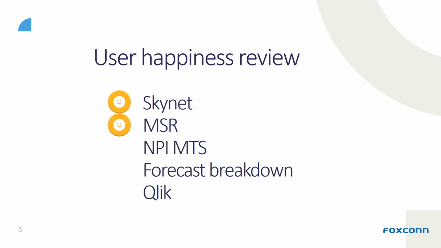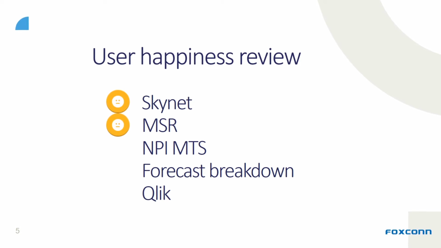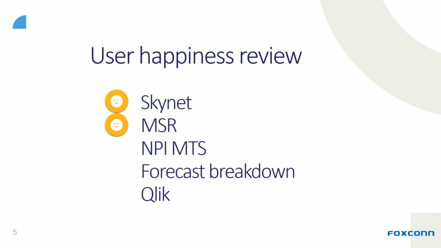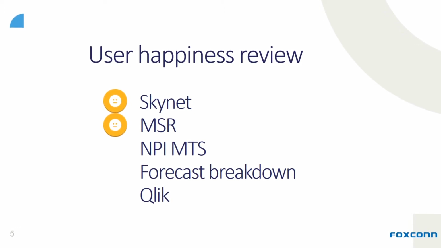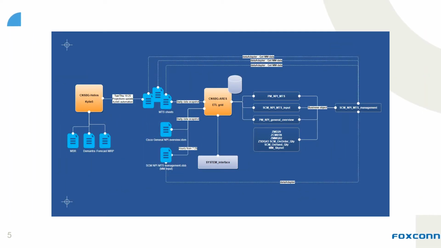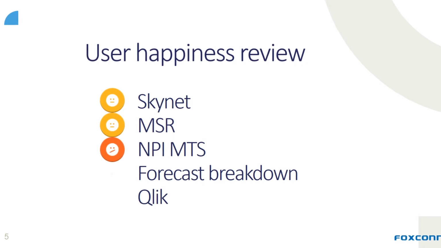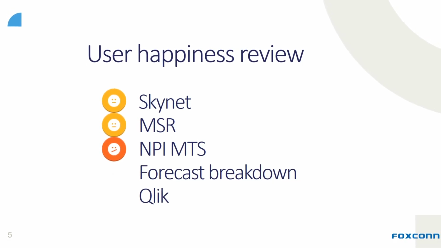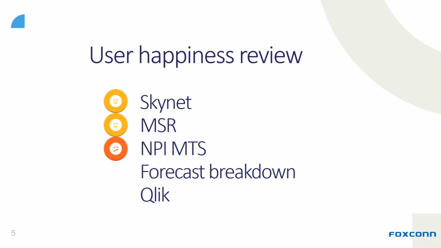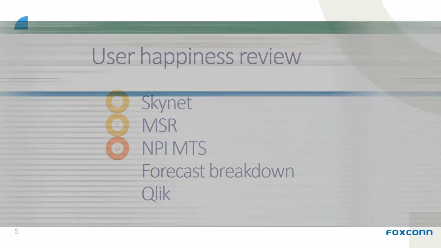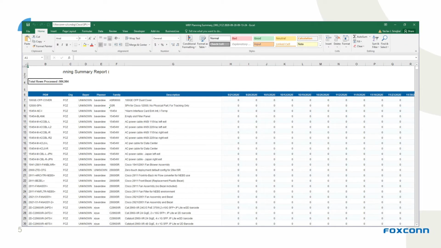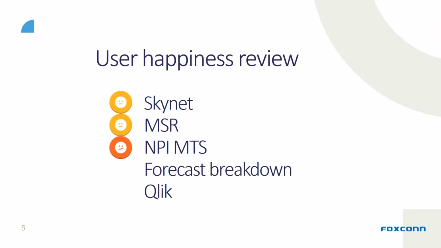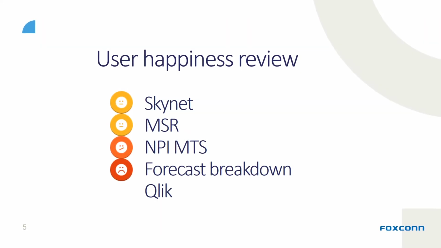Thirdly, we have this NPI MTS system. There is no other solution for this. And it is an insane complex of data loops, where, for instance, comments take 1 day to propagate through. Then we have this forecast breakdown, which is a 15 years old macro. It saves a lot of manual work, but on the other hand, it cannot be maintained at all.